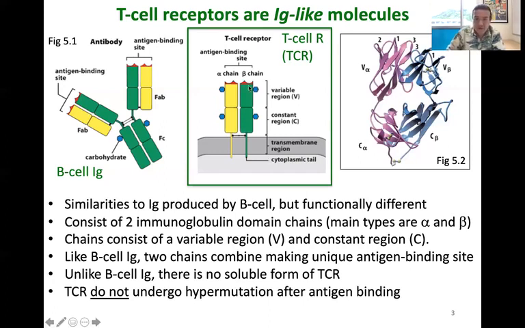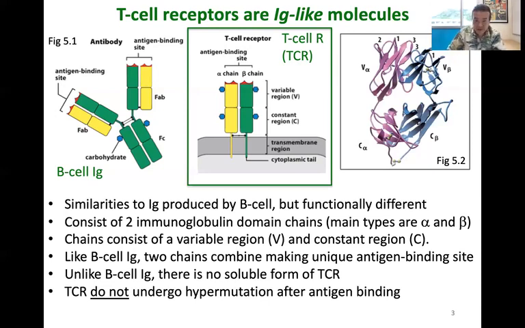So you have a variable region, a constant region, and then you have this transmembrane region that anchors it to the surface of the T cell. And just like the IgGs, it's the combination of two different surfaces, one from the alpha chain and one from the beta chain, that combine to make the three-dimensional shape that will recognize some sort of target molecule.